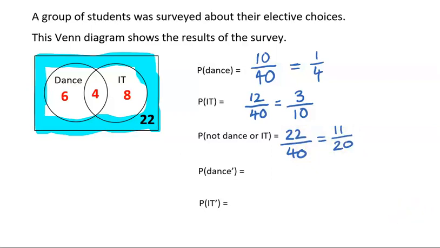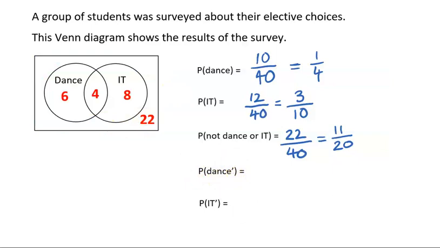Our next probability calculation is the probability that a student does dance with a dash next to it. Now you remember that this dash represents the complement of that event. And what this really means is the probability that a student does not do dance. That dash means does not. So we're looking for all the students who do not do dance.